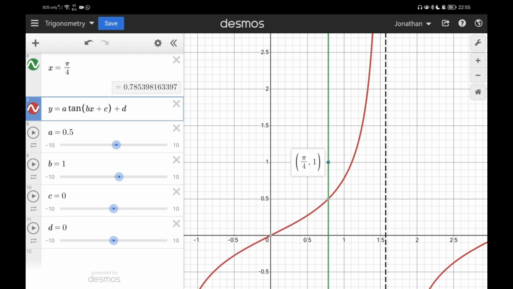As you can see, its value changes by half, which is basically the scale factor multiplied by its original value. I mean the original y coordinate extrapolation from the pi over 4, where pi over 4 is the x coordinate.